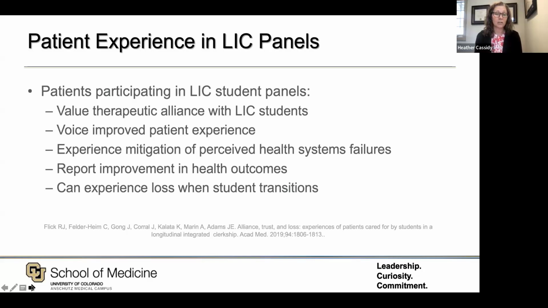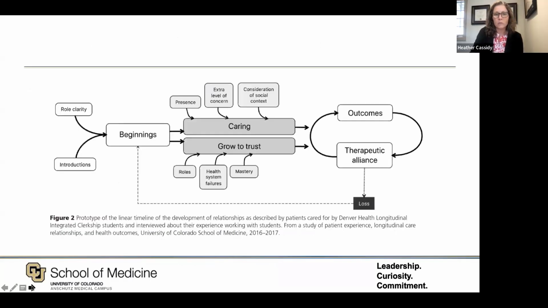While this study was not looking at hard outcomes like A1Cs or blood pressure metrics, the patients reported a sense of improved health outcomes related to their experience with LIC students. And they also discussed a sense of loss, or a sense of sadness, when the student was transitioning, that the student was moving on.